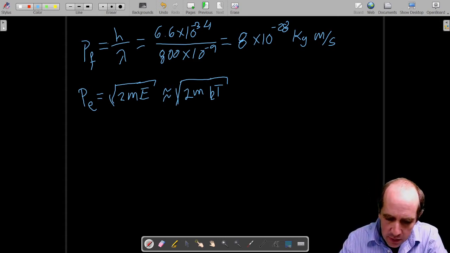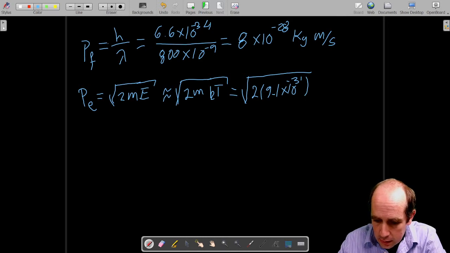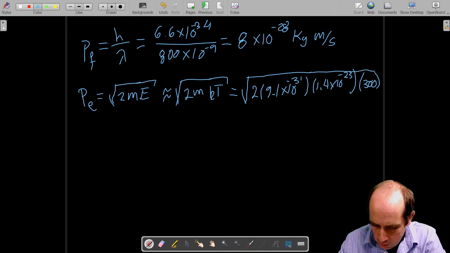If we put some numbers in, this is equal to the square root of 2 times 9.1 times 10 to the minus 31, which is the mass of the electron, times 1.4 times 10 to the minus 23, which is Boltzmann's constant, times 300 Kelvin, which is roughly room temperature.